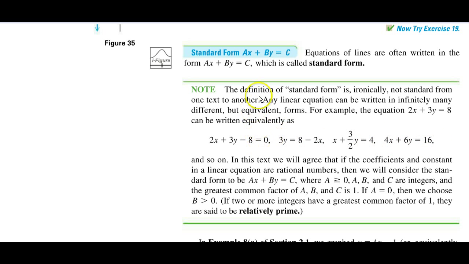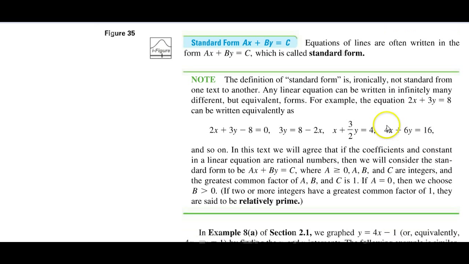Now, notice if you have this up here, and you multiply everything by 2, it becomes this. So all of these would be equivalent, but the only one really in standard form is this one and this one, but the others are modifications of it. Let's go on.